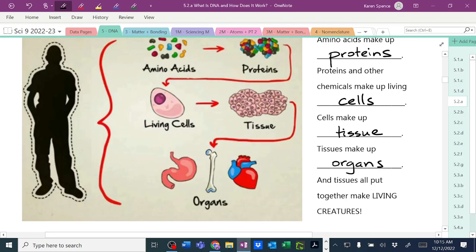Okay, so you might have some liver tissue, and if your liver was getting tested, they might need to take a biopsy of your liver. That means they take a small little sample of it. That would be liver tissue, but the whole organ is the liver. And when you put all the tissues together and all the organs together, you get a living creature.